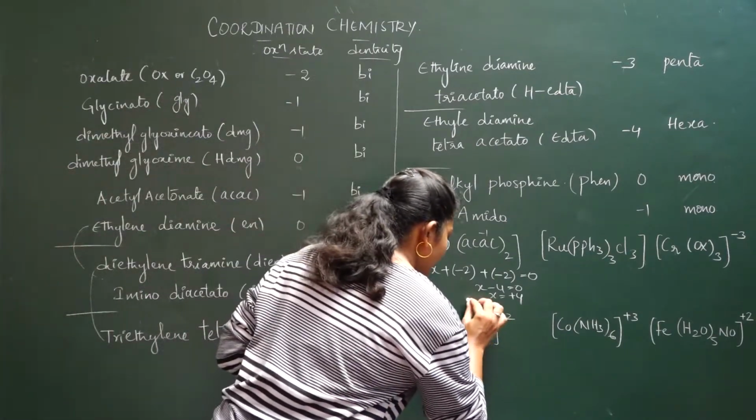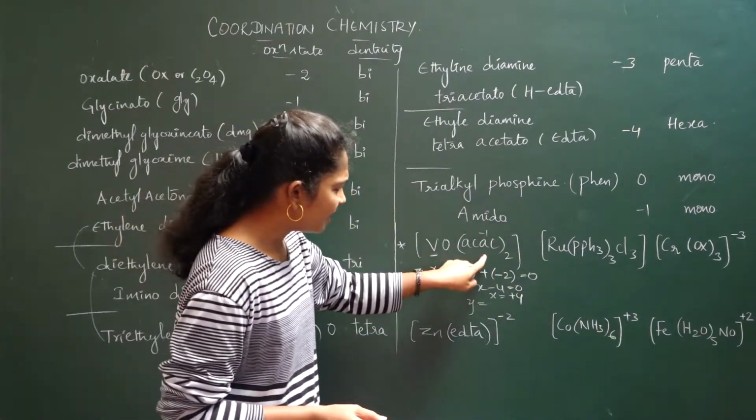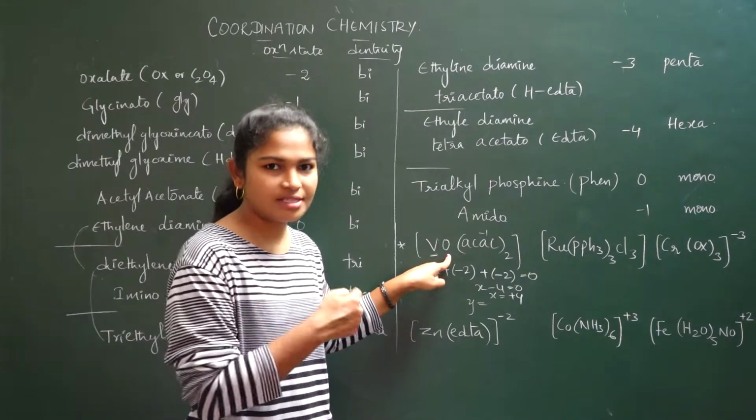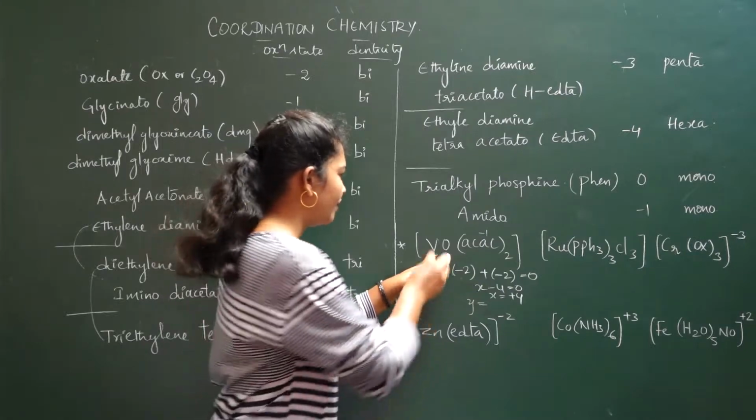Now what is the coordination number? Suppose Y is the coordination number. What is the denticity of this one? You know that oxygen is monodentate. Only oxygen is giving electrons to the metal, so 1 will come here.